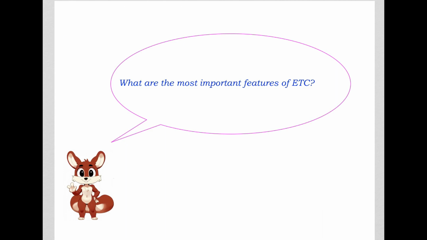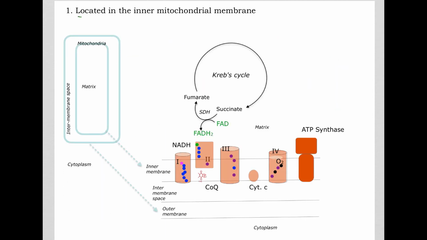electron transport chain. First of all, it's important to understand the location of the electron transport chain. So here's a mitochondria, and the mitochondria has 2 membranes, the outer membrane and the inner membrane. And the space between these 2 membranes is called the intermembrane space. The outer membrane faces the cytoplasm, the inner membrane faces the matrix.